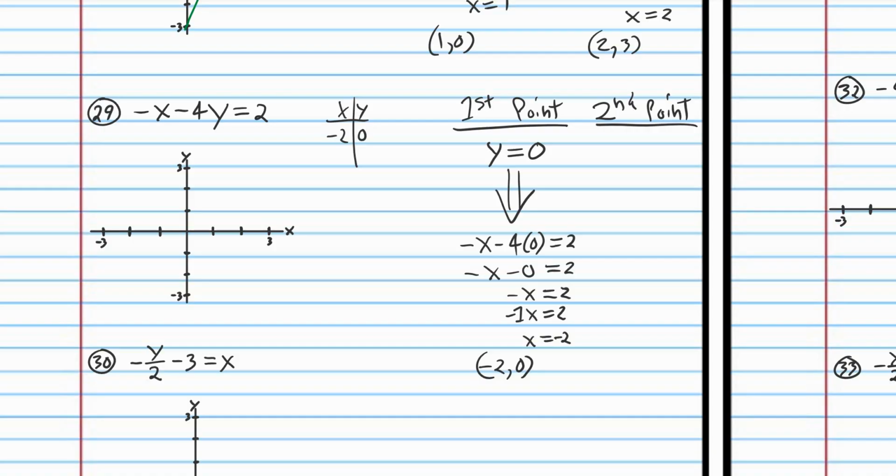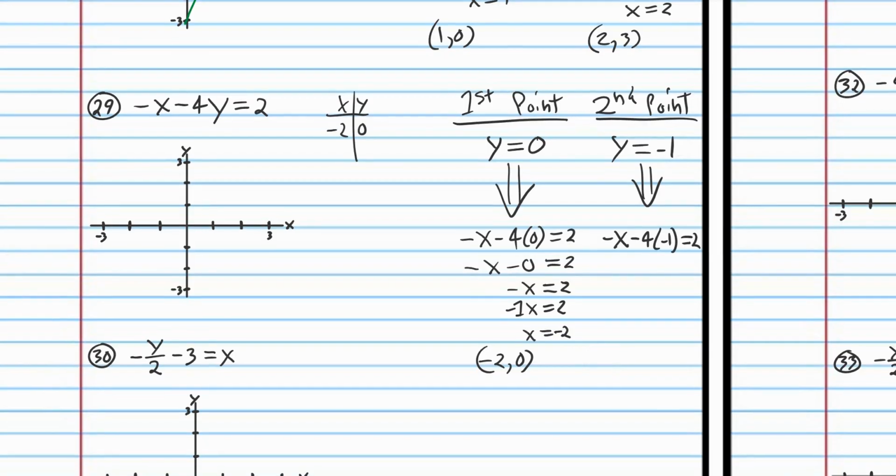I'm going to choose -1 for y because I want to try to stay in our scale, in our window. Negative x minus 4 times negative 1 equals 2. And negative 4 times negative 1 is positive 4. And subtract 4 from both sides.